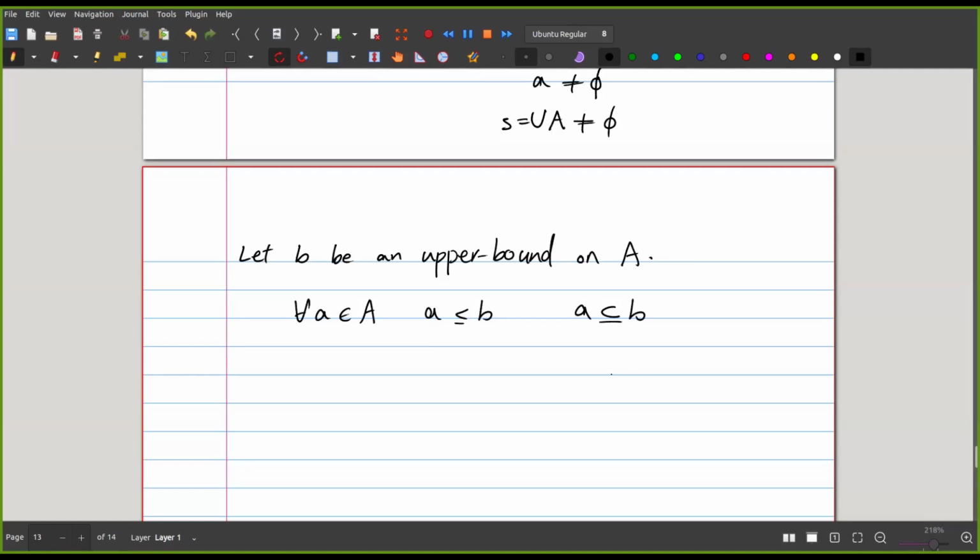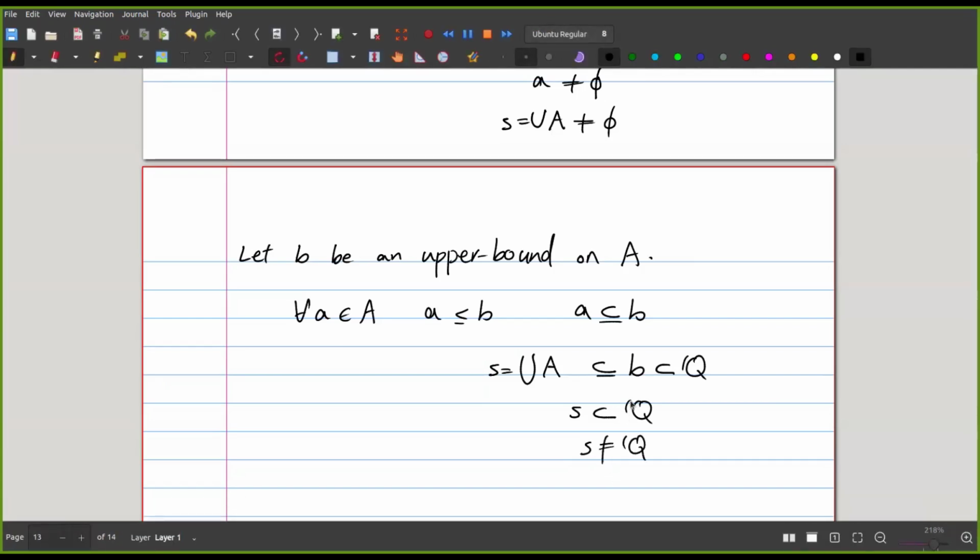Okay, but if every a is a subset of B, that means that S, which is the union of all a, is also a subset of B, right? So my set S is a subset of another cut. But B is a cut, and by definition, a cut is not the same as Q. Or another way of writing this is that B is a strict subset of Q. It's a subset of Q and not equal to Q. So S is also a subset of Q, but not equal to Q. So S is not Q.